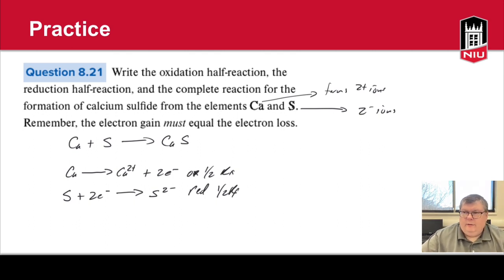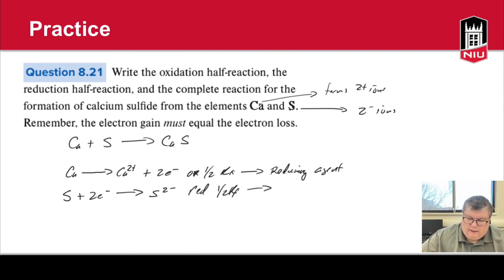Who gets oxidized, who gets reduced? Calcium gets oxidized, sulfur gets reduced. Who are the oxidizing and reducing agents? Calcium gets oxidized, therefore it is the reducing agent.